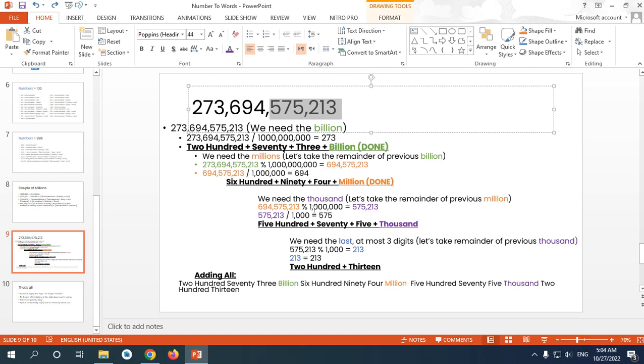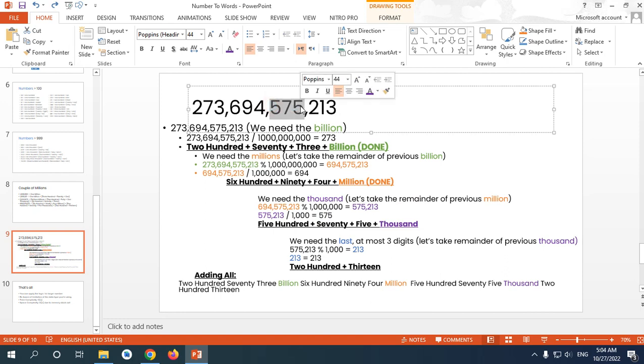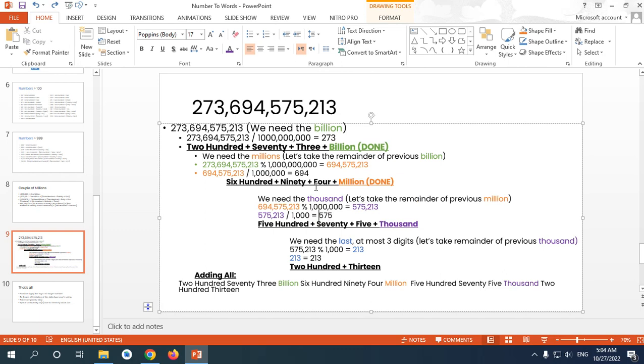We're gonna modulate by million, and once we get our thousand number, we're gonna divide it by thousand, so we have the last 3 digits for 1,000, which is 575, and we calculate it using the same logic for any 3 digits, or 2 digits or 1 digit, and so on, but we have used 3 digits a lot, which is 575,000.